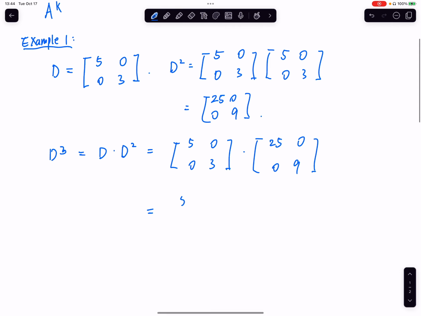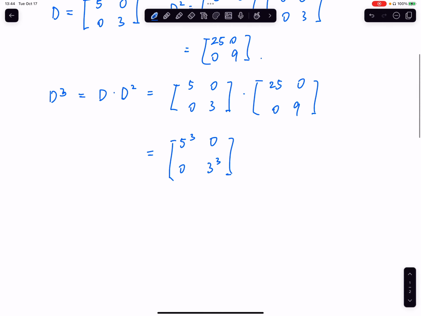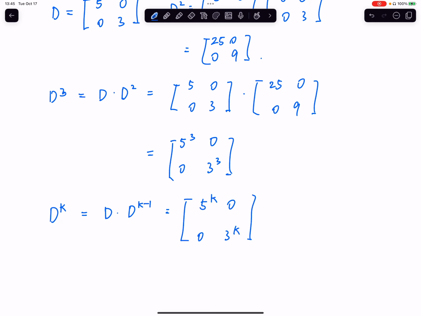That gives us 5 to the third power and 3 to the third. Similarly, D to the k equals D times D to the k minus 1. Following this order, it is just 5 to the k, 0, 0, 3 to the k, for k greater than or equal to 1.